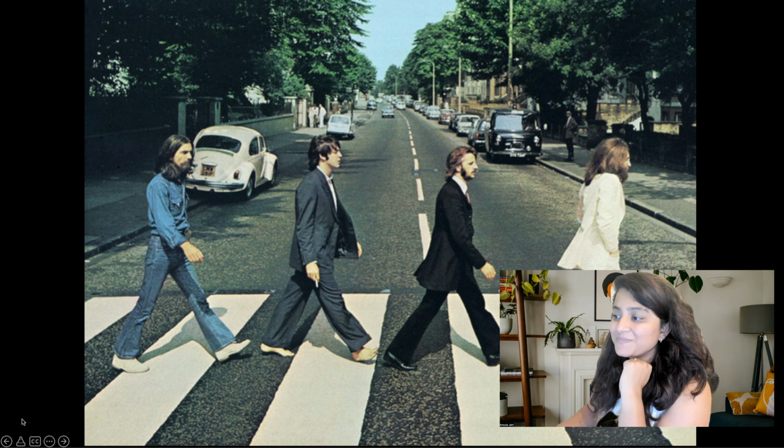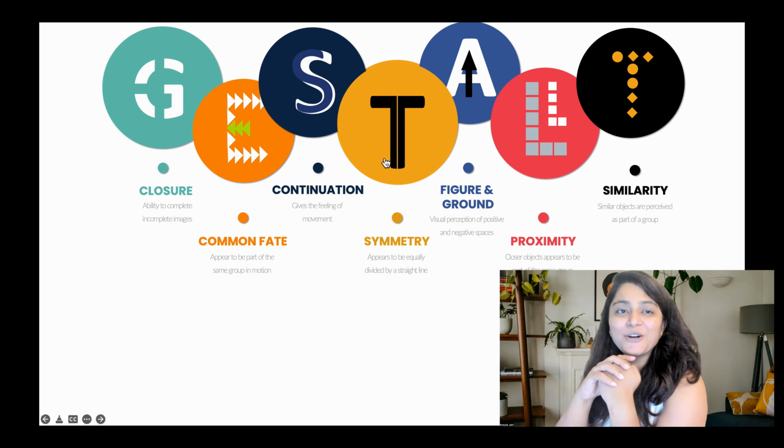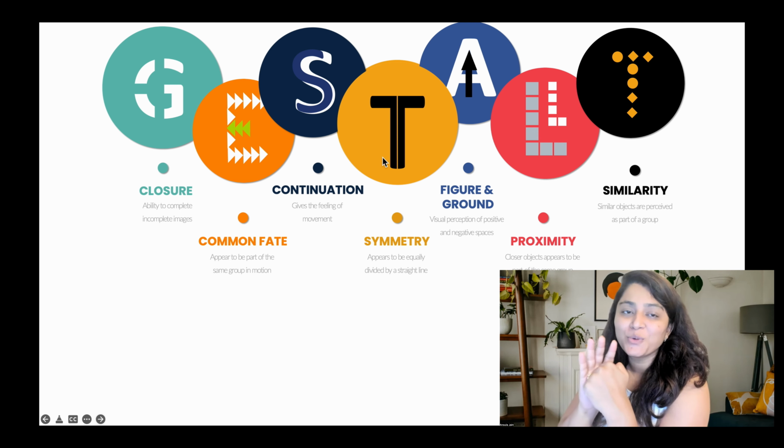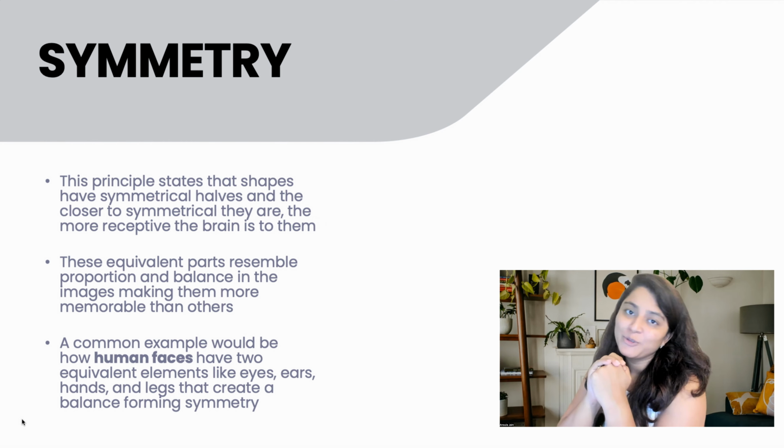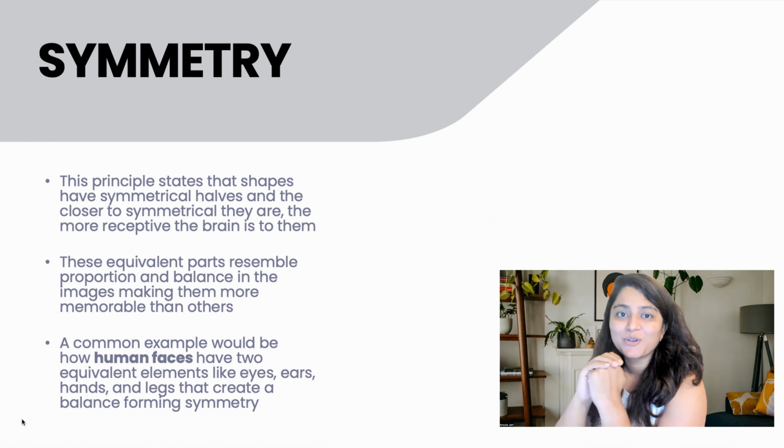I'm so excited now to talk to you about our fourth one, which is a really interesting one because I'm a huge fan of Marvel and a lot of superheroes as well. And this principle applies to almost every damn logo that you would have come across in your life, right?